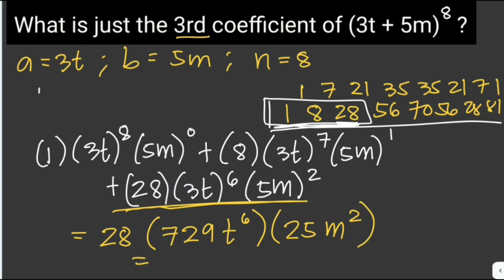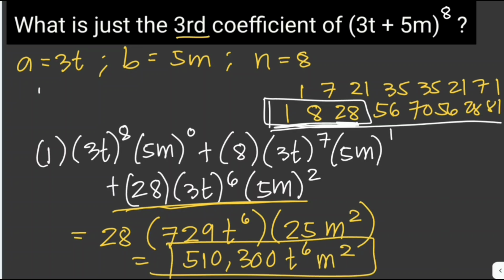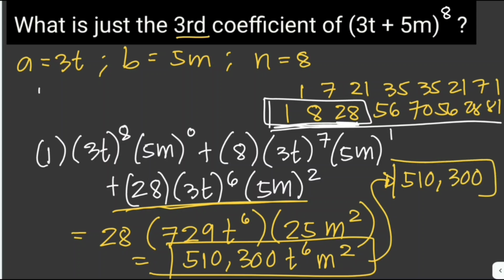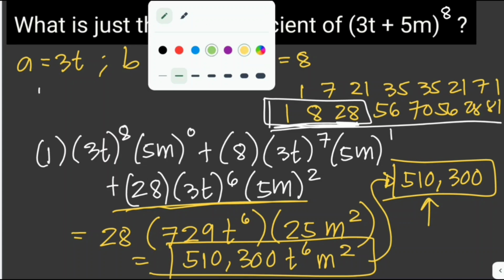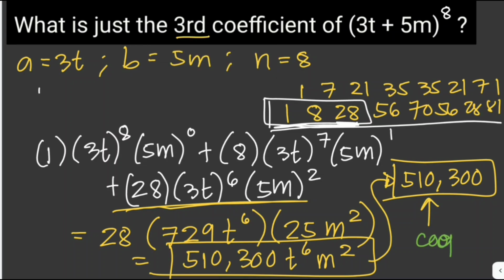And now we can multiply 28 times 729 times 25, and this is just equivalent to 510,300t to the 6 m squared. Okay, so that is the third term, and we are asked for the coefficient. So the coefficient is 510,300. So this is the coefficient of the third term.